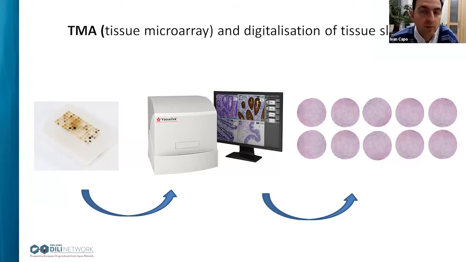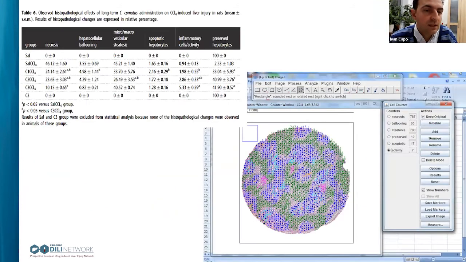On my institute, at the clinics, we have this virtual microscope. Now almost every histological laboratory has a scanner for histology where we can digitalize these histology slides, and they are easier to analyze. These digitalized slides can easily, sometimes with free software, be analyzed for all these histological patterns we mentioned in the last slides about necrosis, hepatocellular ballooning, steatosis, and apoptosis.